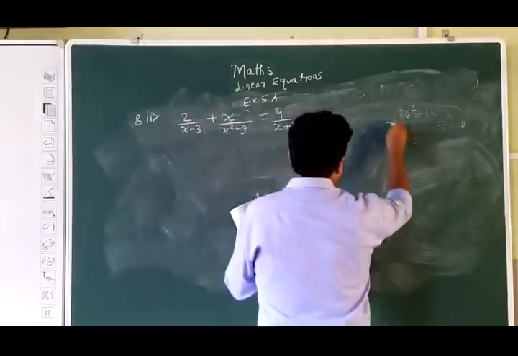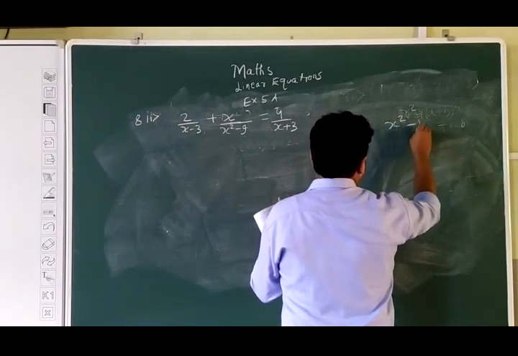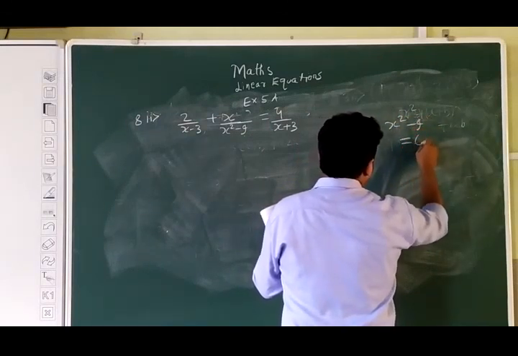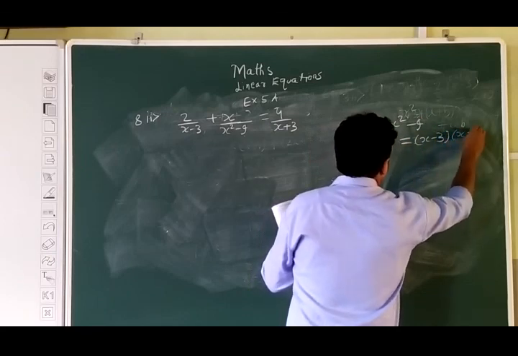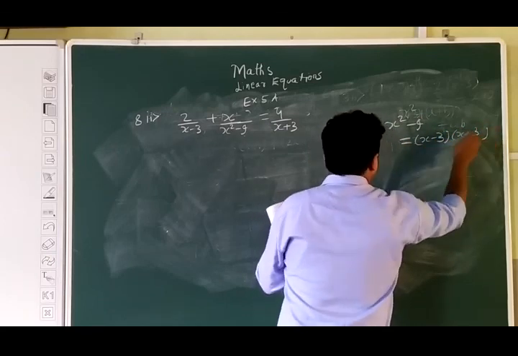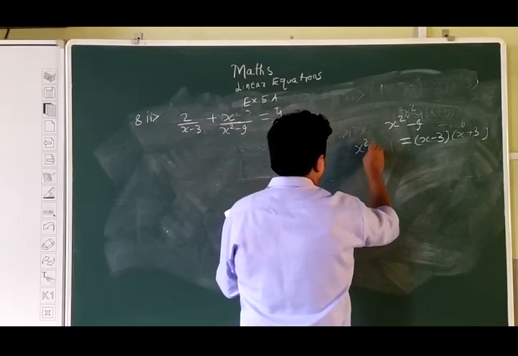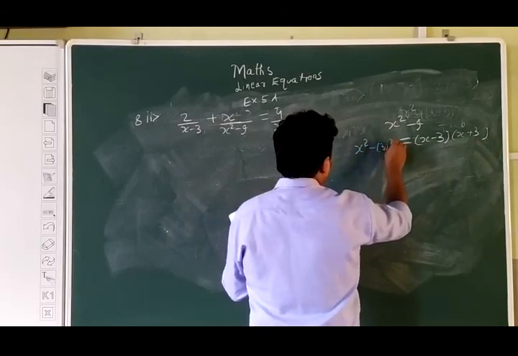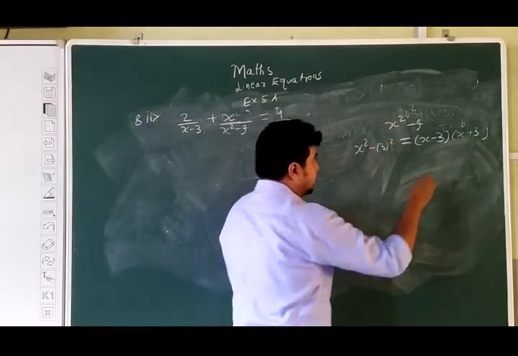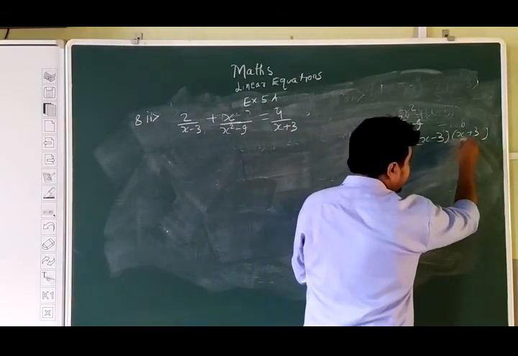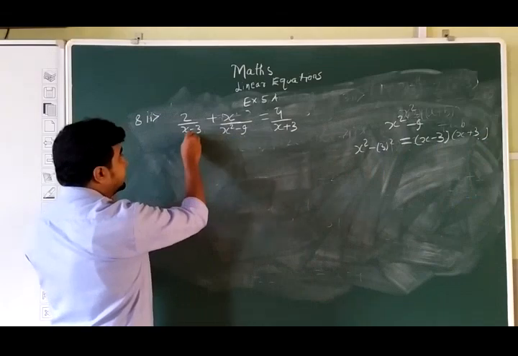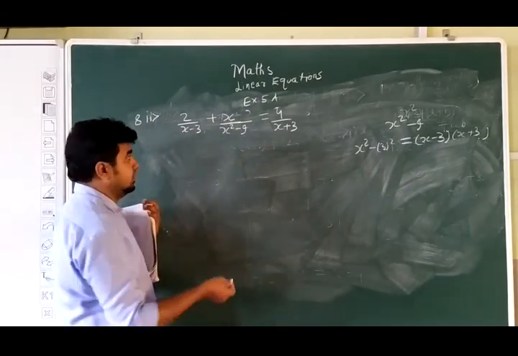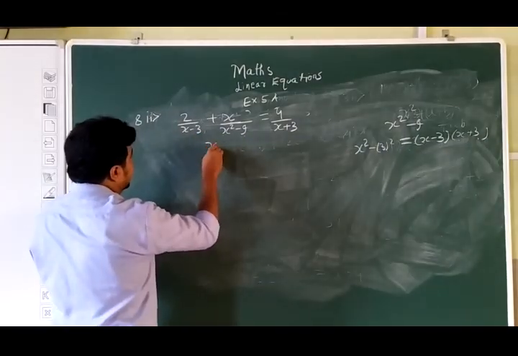X square minus 9 you can write as (x minus 3) and (x plus 3), because this is x square minus 3 square, a square minus b square. So we can write (a minus b) and (a plus b). So from here this term is given, and this term also we are able to see. Means our question will be easy.